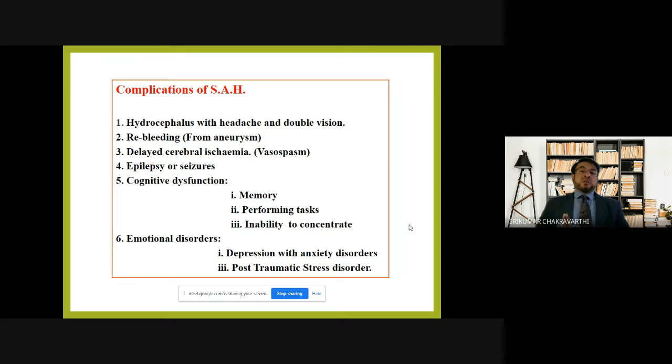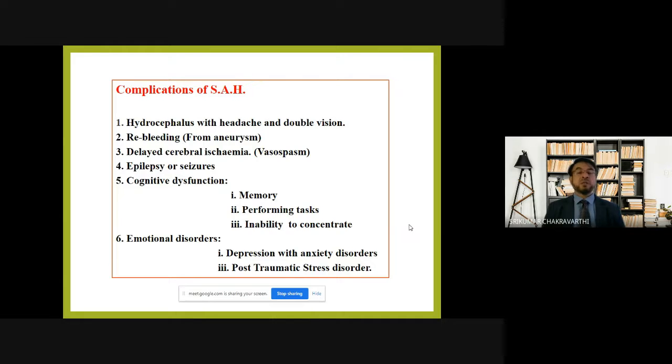Subarachnoid hemorrhage, remember, is different from subdural or the other forms of hemorrhage that occur beneath the skull, below the dura mater. Here, it moves down, pressurizes the brain, and causes hydrocephalus. It can cause rebleeding from the aneurysm. Later on, it can cause ischemia in the brain because there is a loss of blood supply, so there is no blood to nourish the brain.